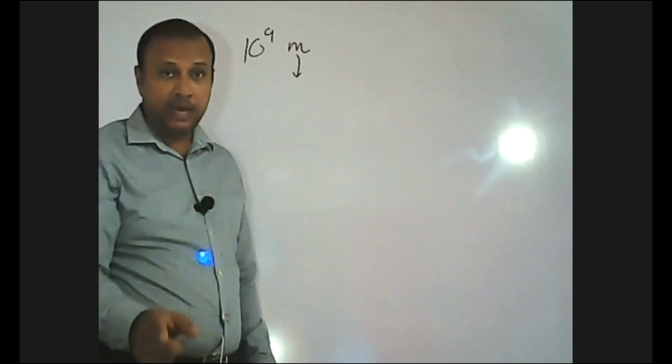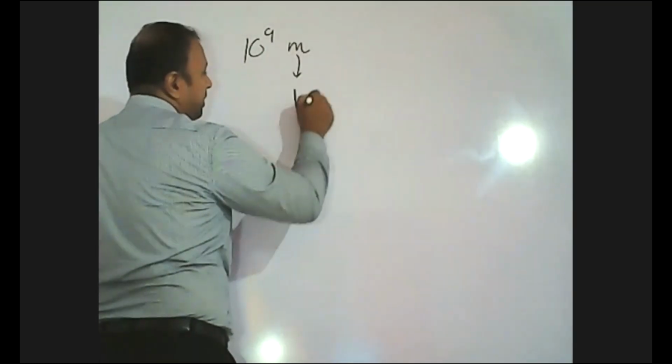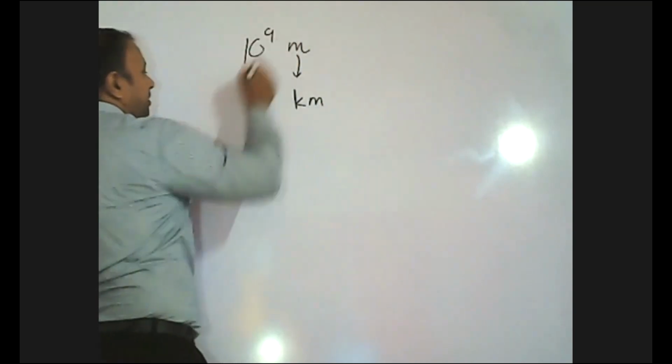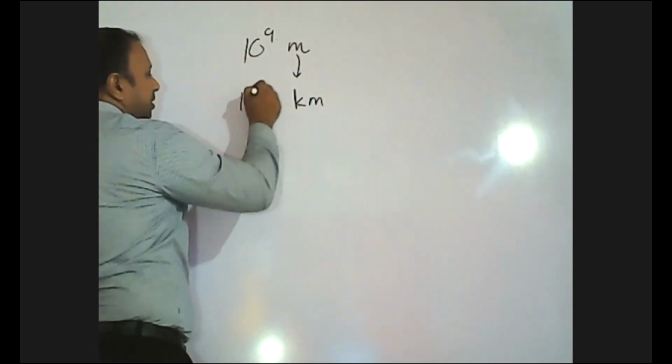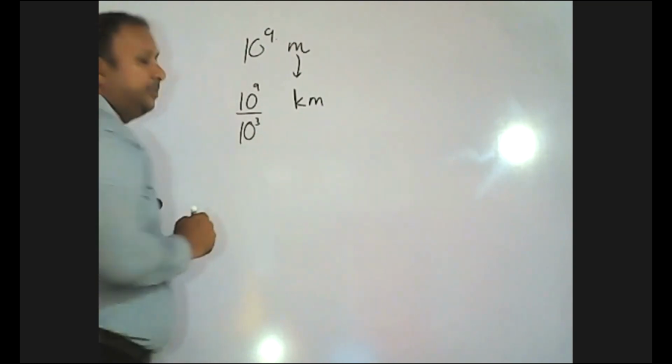again, from small scale to large scale, then I have to divide the value by the ratio between them. That means 10 to the power 3.